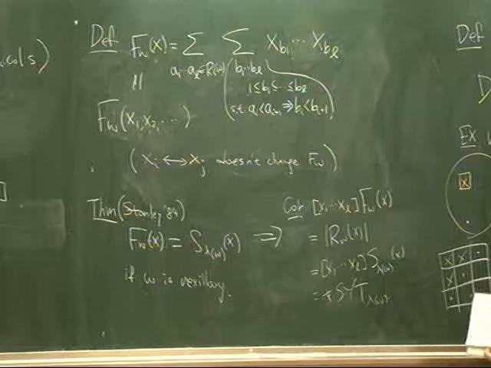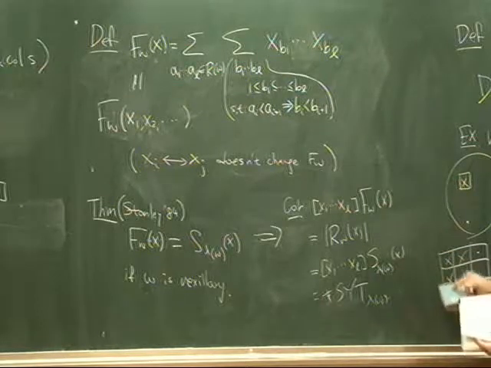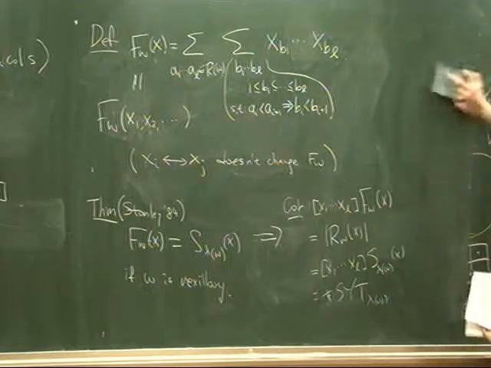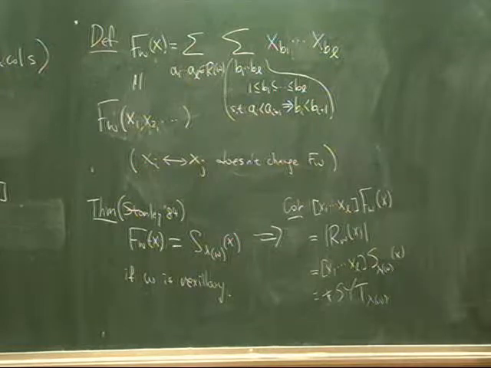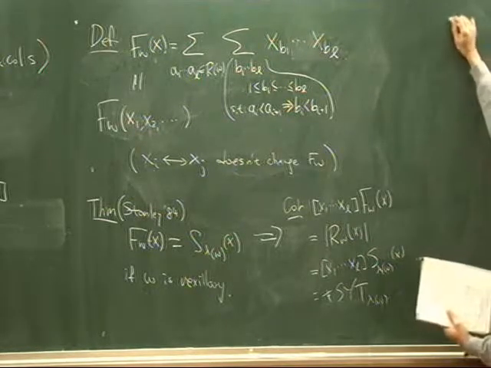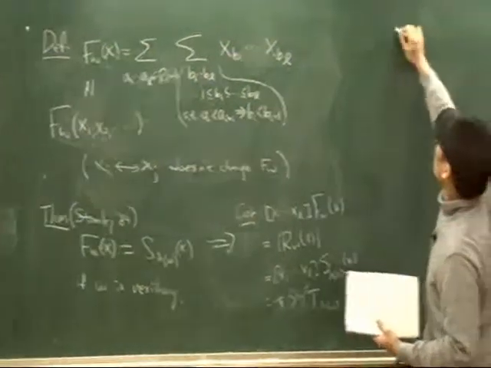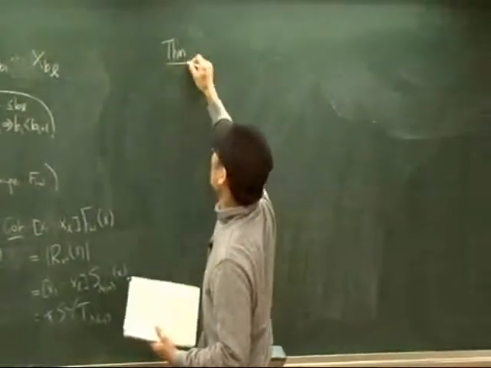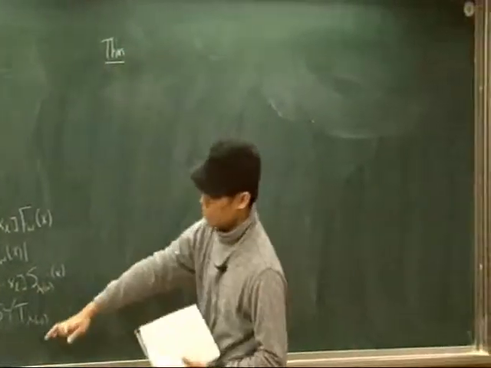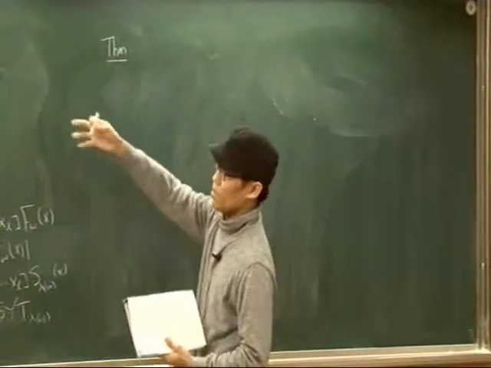So Stanley found this connection between the reduced words of permutations and symmetric functions, using the Stanley symmetric function.